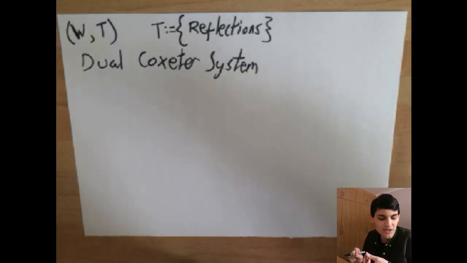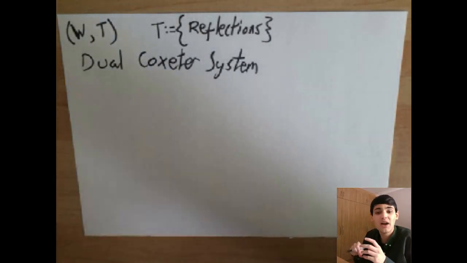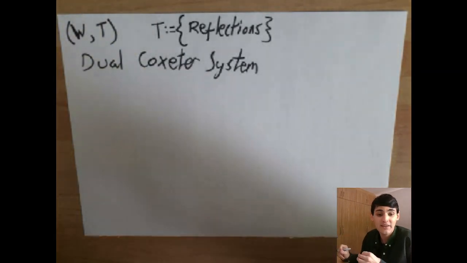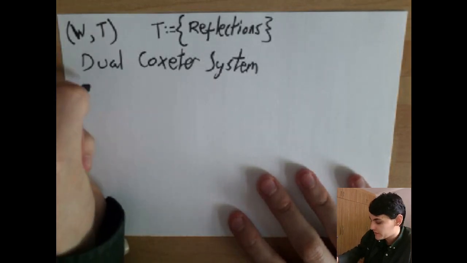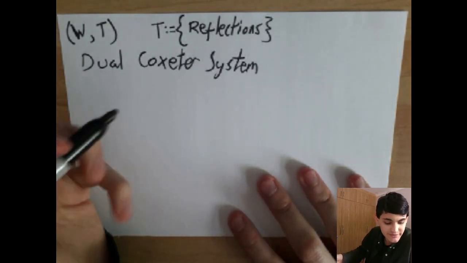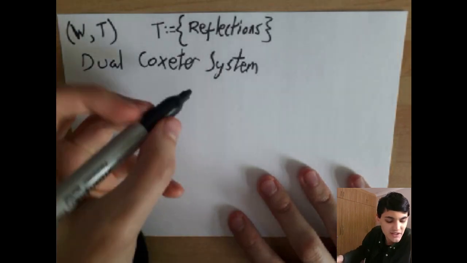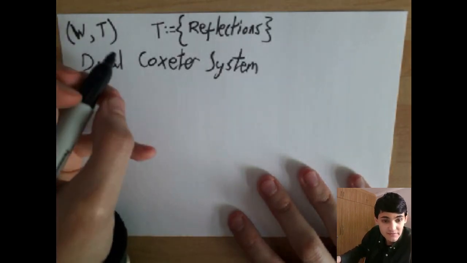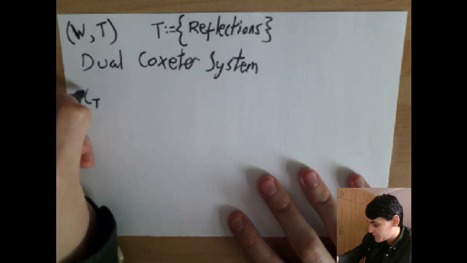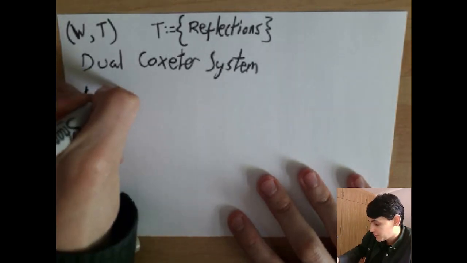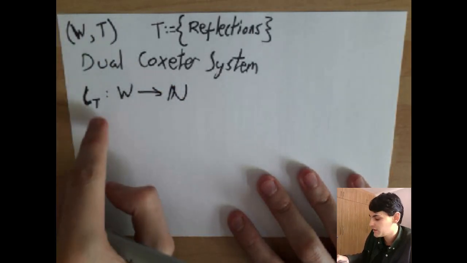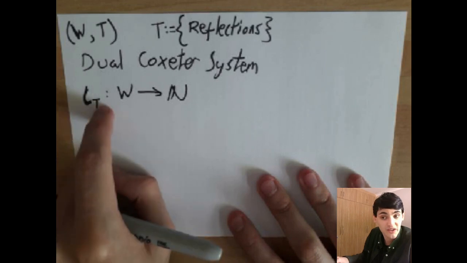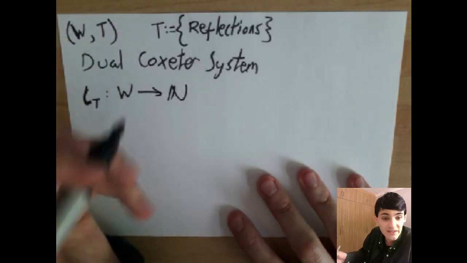But now that we have got our dual system, I think we should redefine the length function for WT, because you've got more generators. So you've got to change the definition slightly. Define a length function L_T going from your Coxeter group W to the natural numbers, with respect to T, the reflection set.